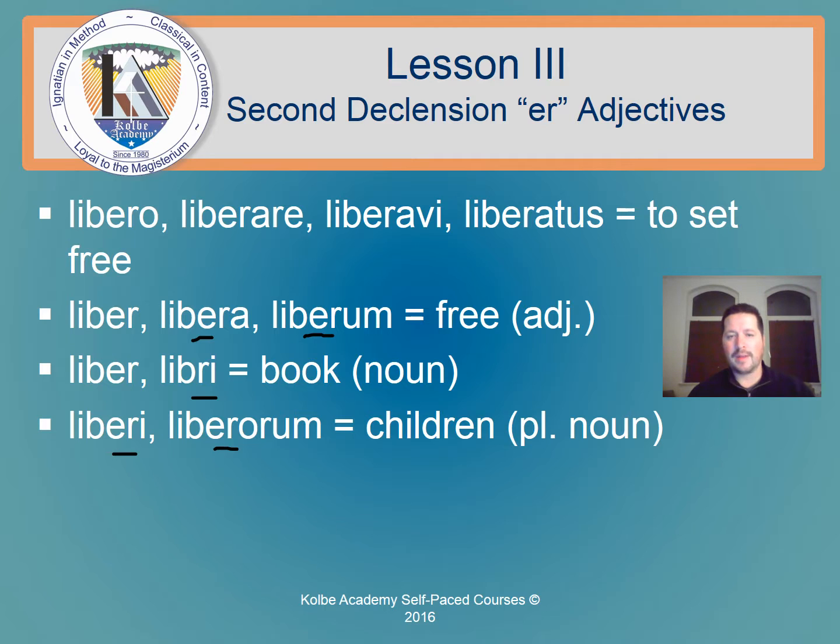And so you've got to be careful with these, be aware of it, and being aware of it usually will take care of things. If you've got these memorized, it could be free as an adjective, it could be children, could be book, and then there's this verb that looks a lot like it, to set free.